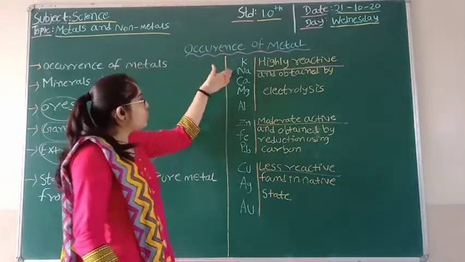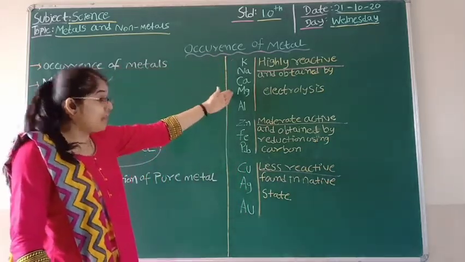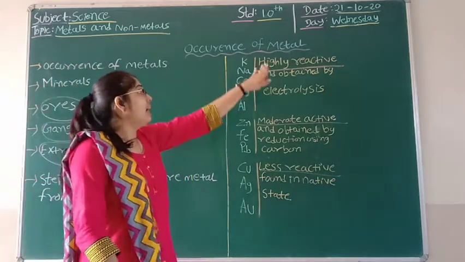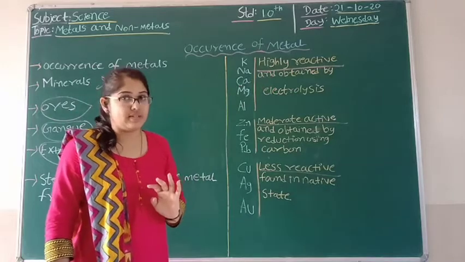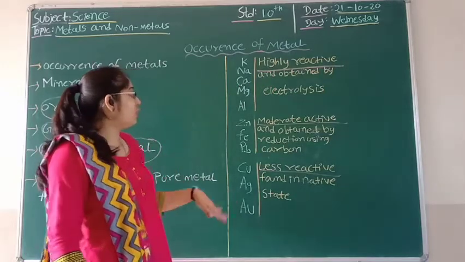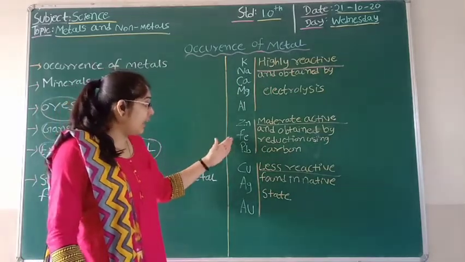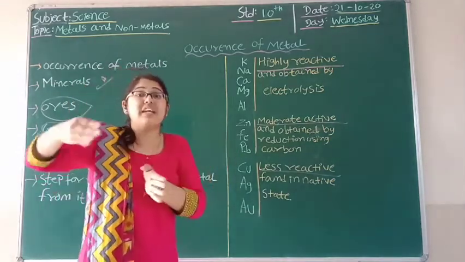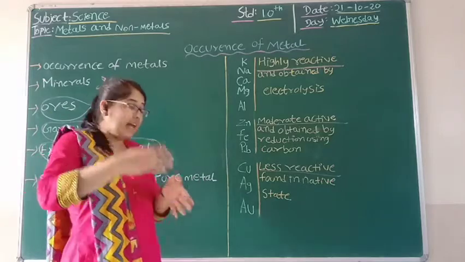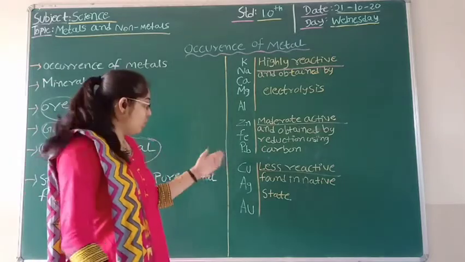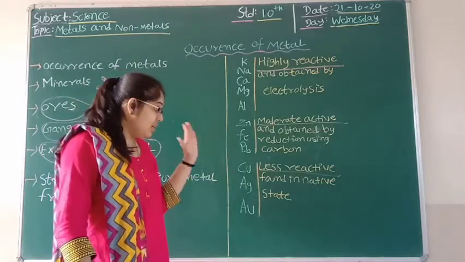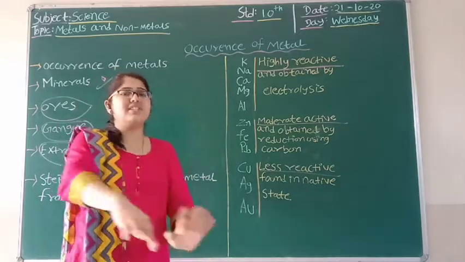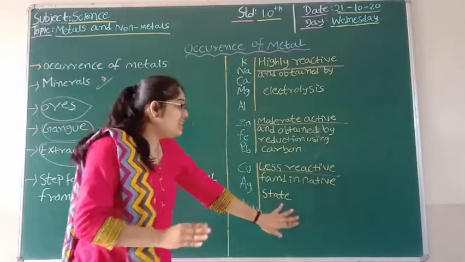Potassium, sodium, calcium, magnesium and aluminium are highly reactive metals. Zinc, iron and lead are moderately active. Copper, platinum, gold and silver are the least reactive.